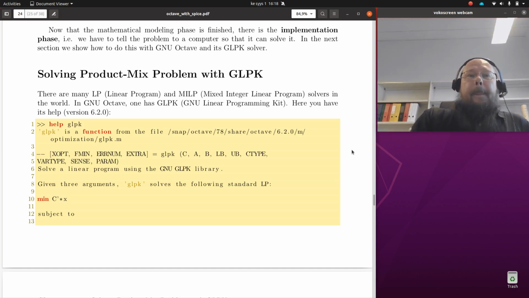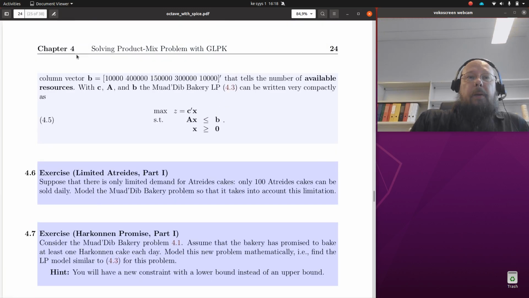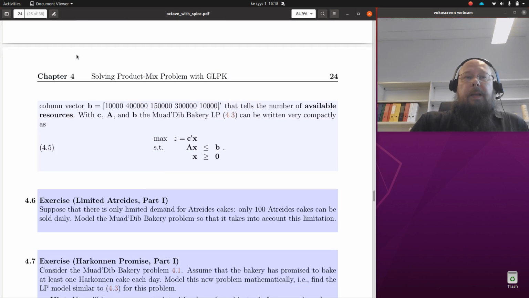So first, if you recall, we have now modeled this Muad Deep's bakery problem as an LP, which was basically one way of looking at this.